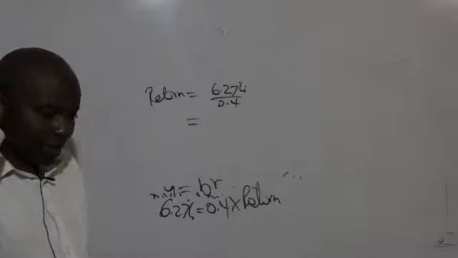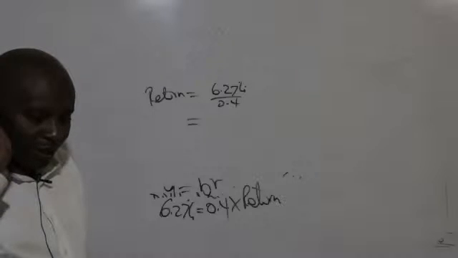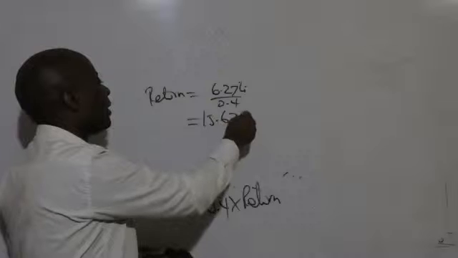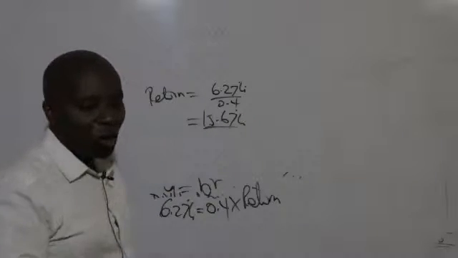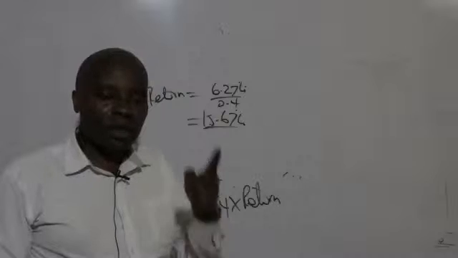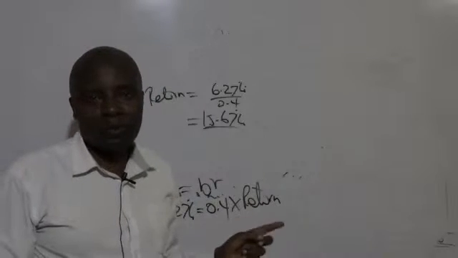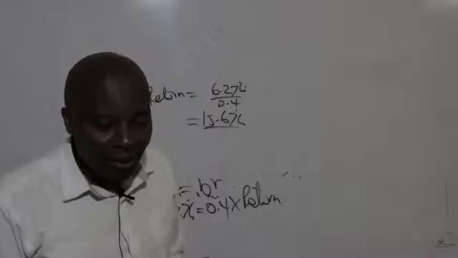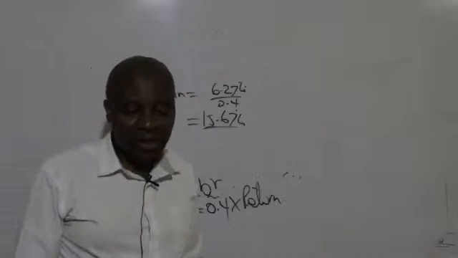So the return here will be 15.67%. I'm so sure all of us would have gotten this in an exam. I'm 100% sure there's not a single student who fails this question. Someone says Modigliani Miller is the easiest.